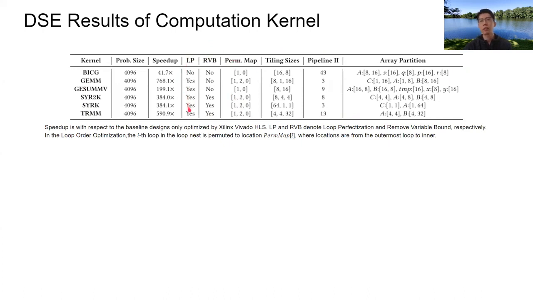Quite some improvement comes from the loop perfectization, remove variable bound, and loop permutation, because they enable the loop to be pipelined and make all of the statements inside of the loop work concurrently. Meanwhile, the loop order permutation, as we mentioned, can help improve the initiation interval that can be achieved by the loop pipeline. And this column shows the tiling sizes of each loop level of the kernel.